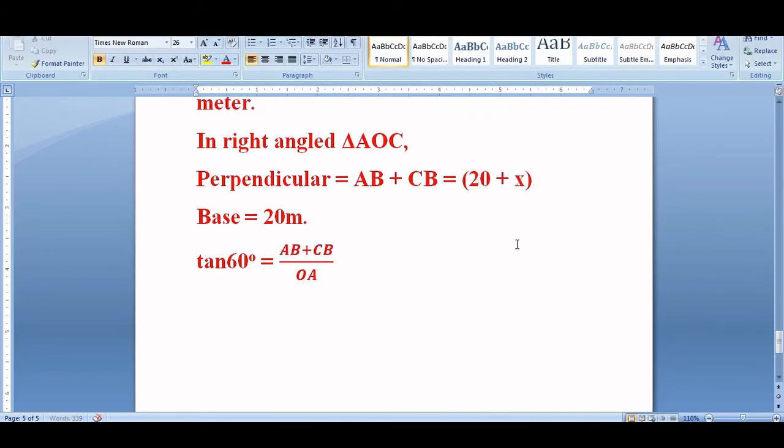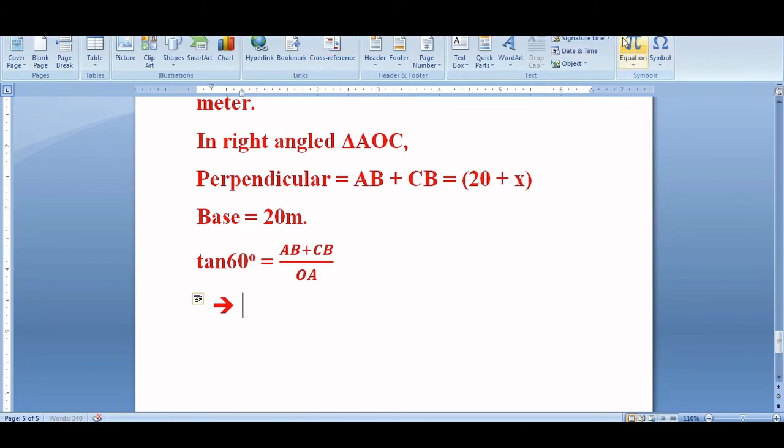Now we have to find this one, that is the unknown X value. So what's the value of tan 60 degree? It's √3.